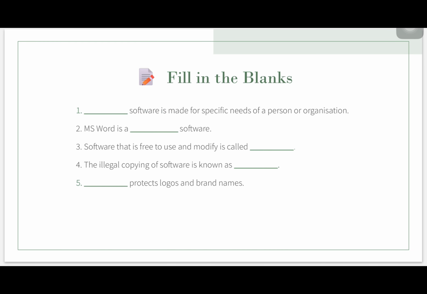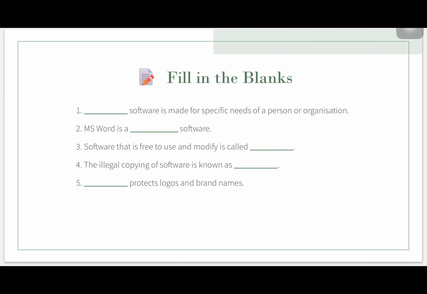Then software that is free to use and modify is called what? Free to use and also modify. Open source software. Correct? The illegal copying of software is called what? Software piracy. Correct?